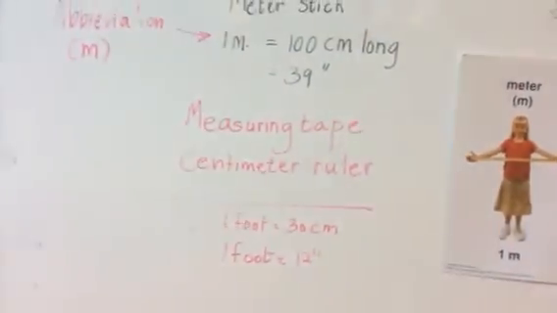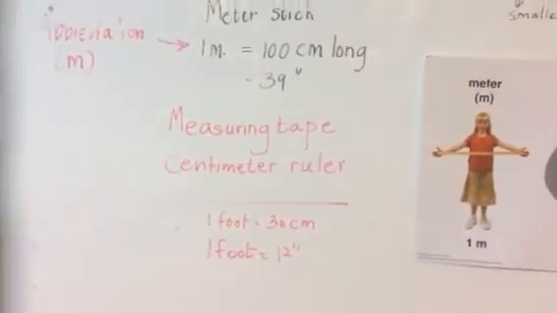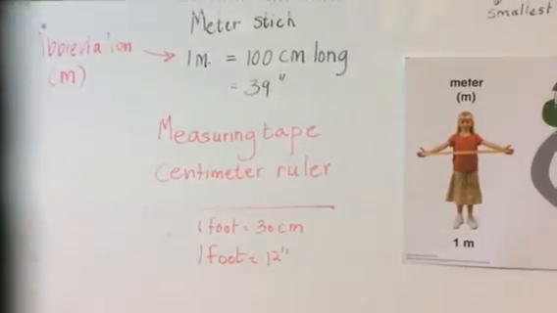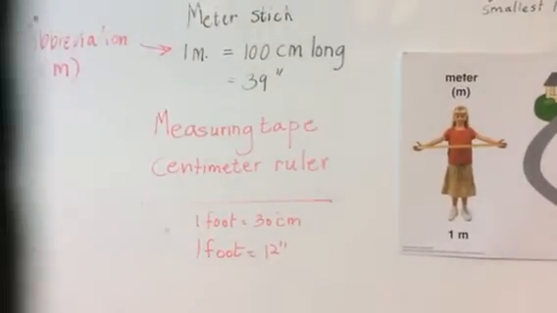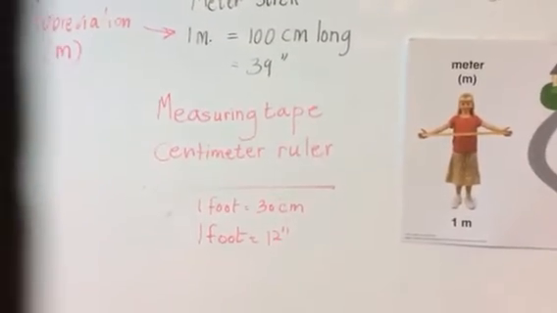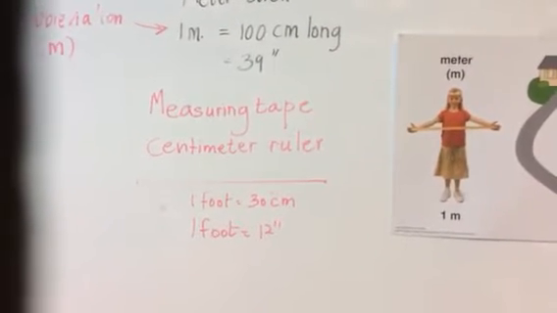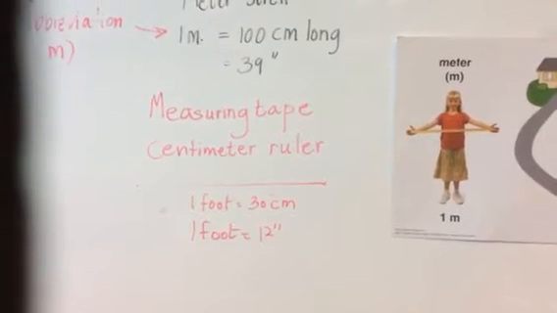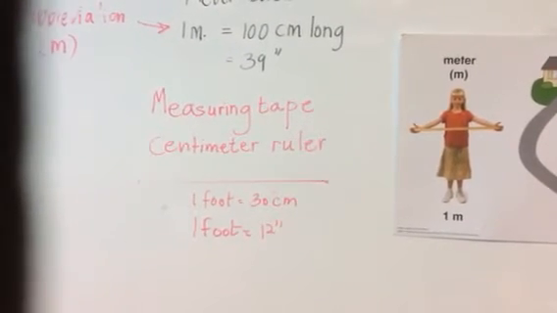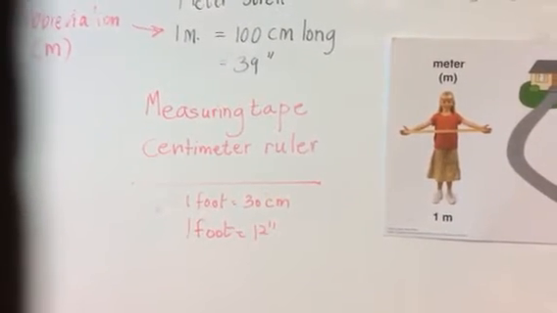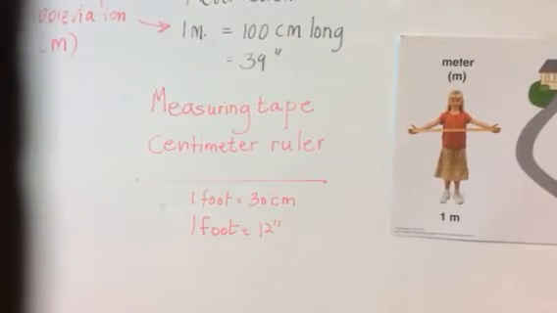Okay, let's go down over here, and if you were in class, I would have showed you a measuring tape. A measuring tape we use for measuring long distances in construction or putting up fences. We use smaller scales like a centimeter ruler to draw lines.